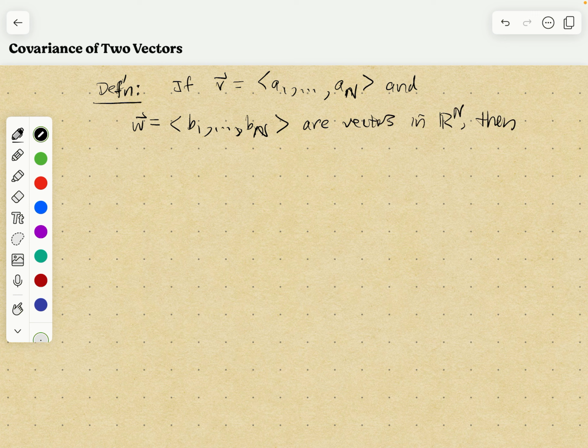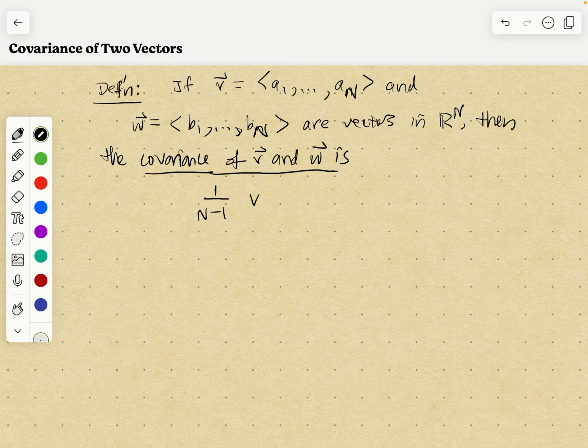If V and W are vectors in Rn, then we define the covariance of V and W to be, well, it's a scalar. It's 1 over n minus 1 times V dot W. So you take V dot W and then divide it by n minus 1.